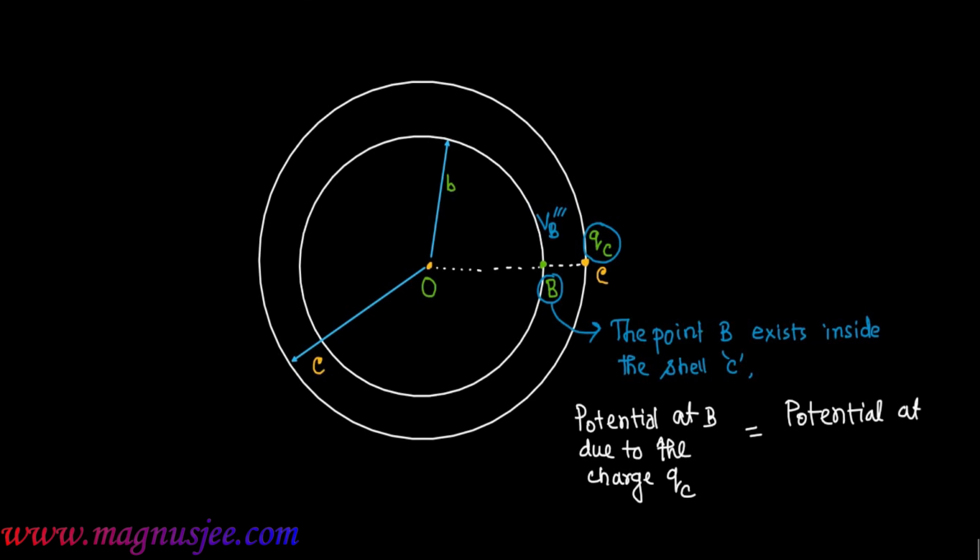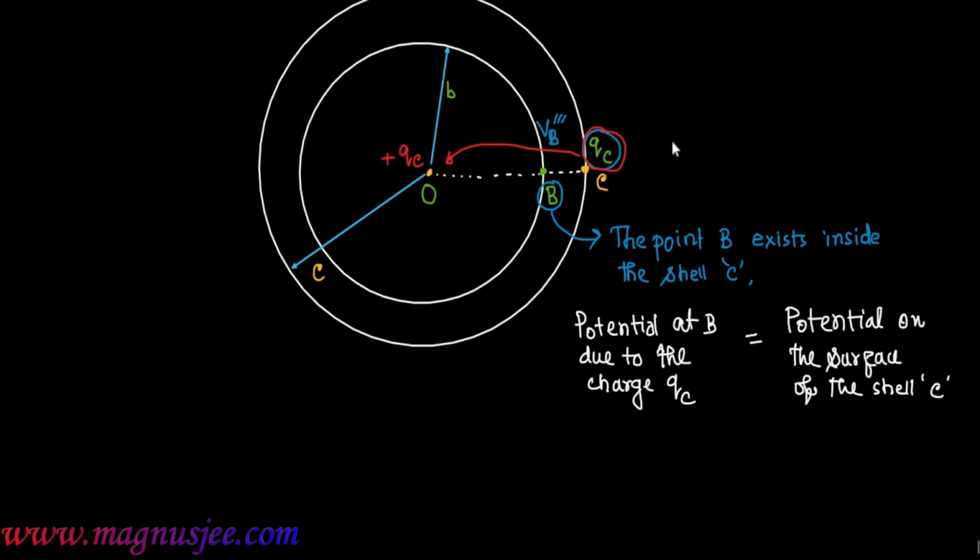Potential at B due to the charge QC will be equal to the potential on the surface of the shell C. Therefore VB triple prime, and the charge QC appears to be concentrated at the center O.